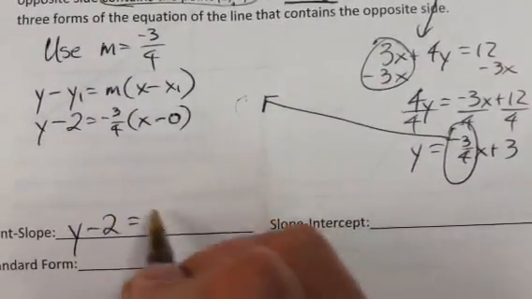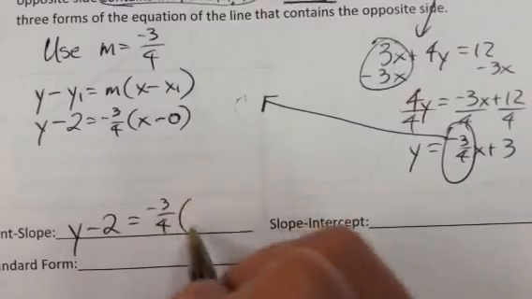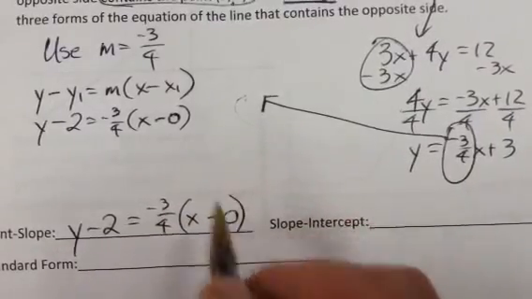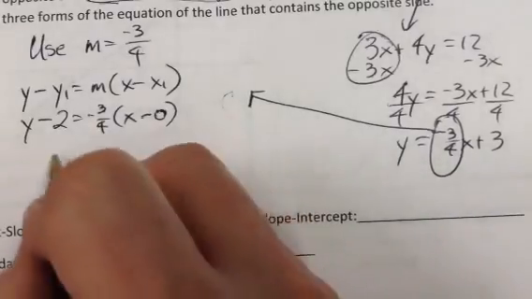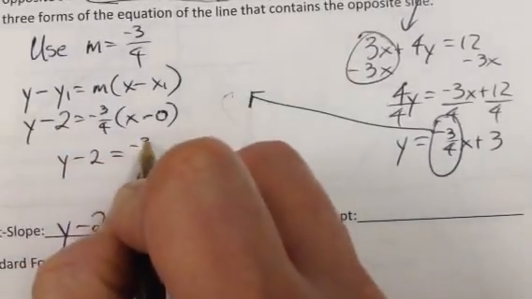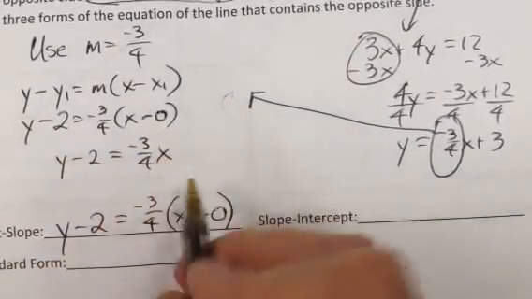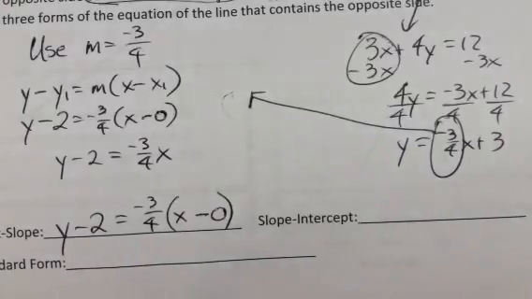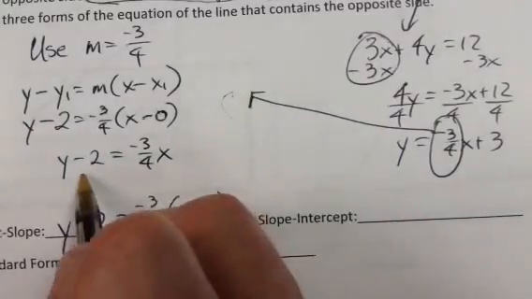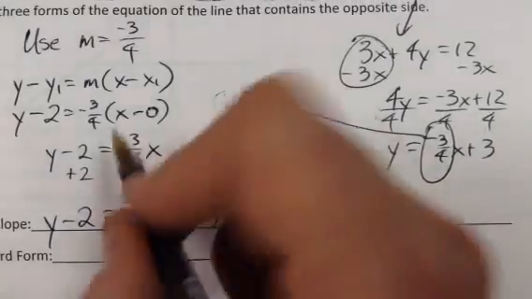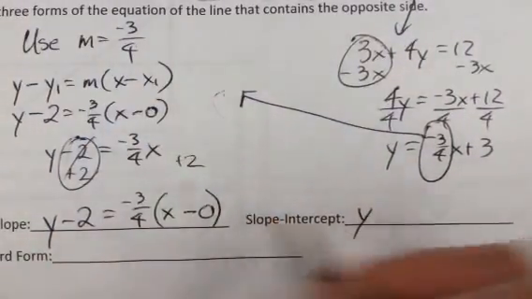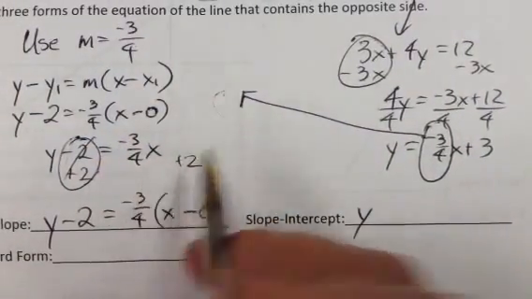Y minus 2 is equal to -3/4 quantity x minus 0. If I distribute, I get y minus 2 is equal to -3/4 x plus 0. I don't bother writing plus 0 because it's a waste of time. So all I got to do is solve for y by adding 2 to both sides. So now I have my slope-intercept form, which is y equals -3/4 x plus 2.